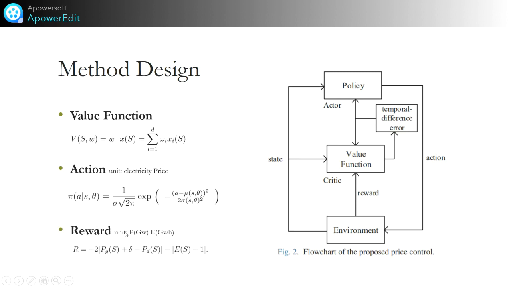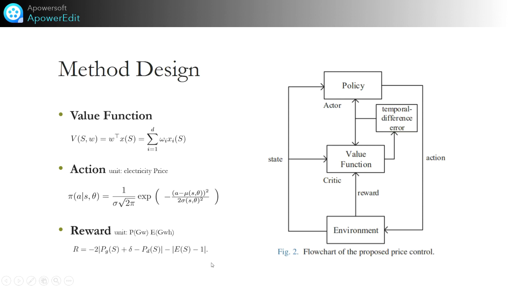Third, our reward. We set this formula as our reward because we want to minimize the difference between power generation and power demand, and minimize the energy storage deviation. From the first term, if PG is close to PD, which means the difference is small, then the reward will increase.